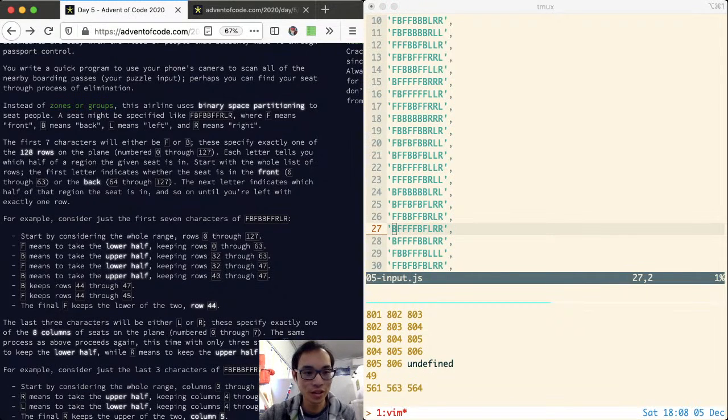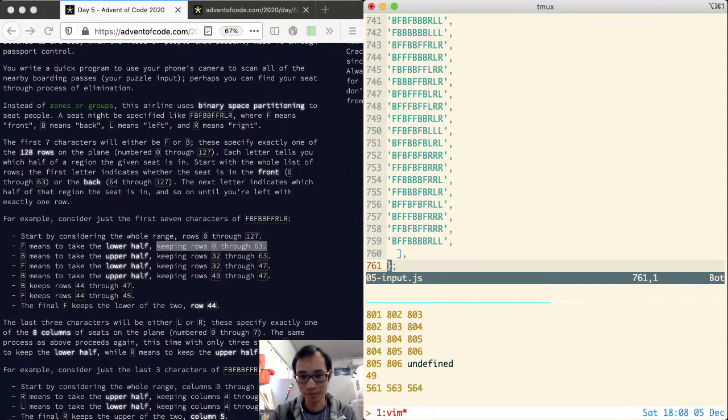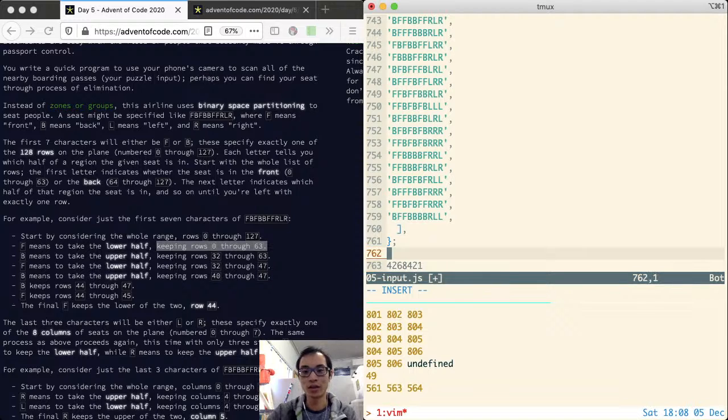You can see in the example, F means to take the lower half. So you started at 0 to 127, and because it was F, you're now only at 0 to 63. Now, what that means is that it is literally just binary numbers. In a binary number, you have your columns.